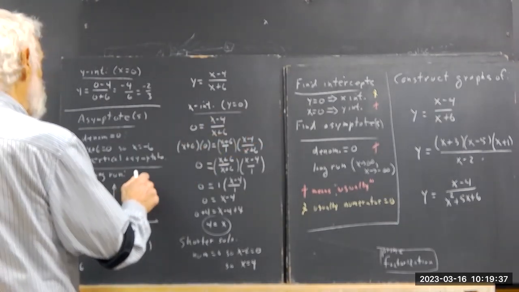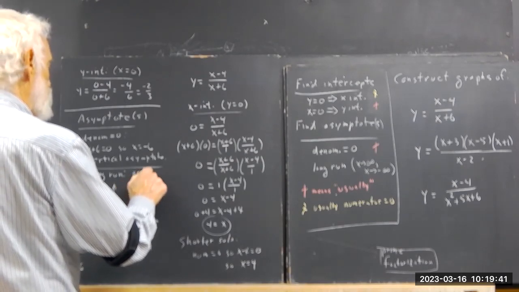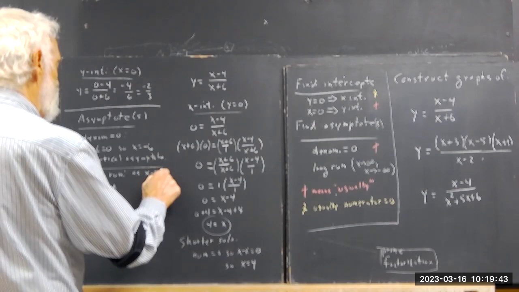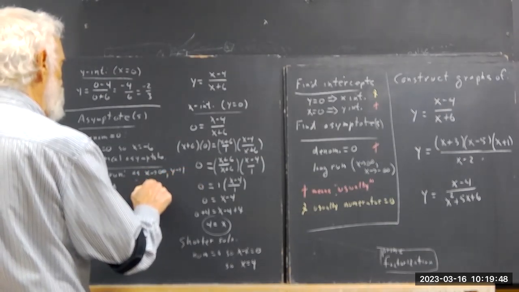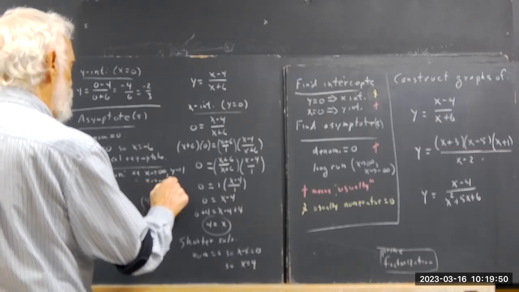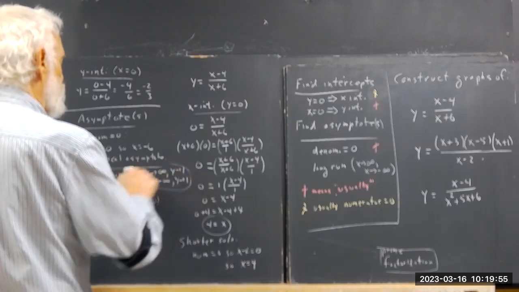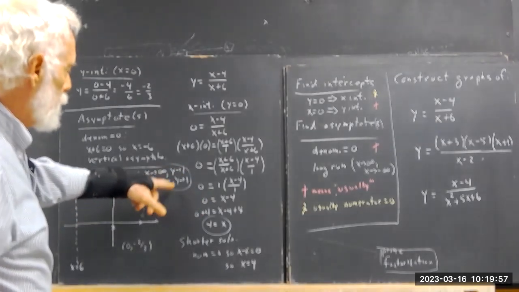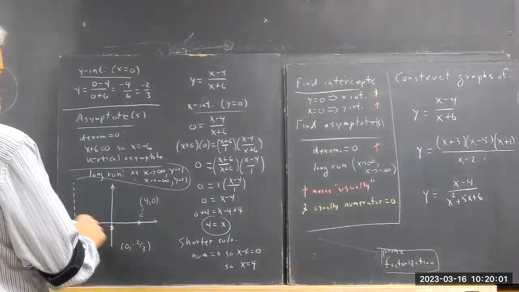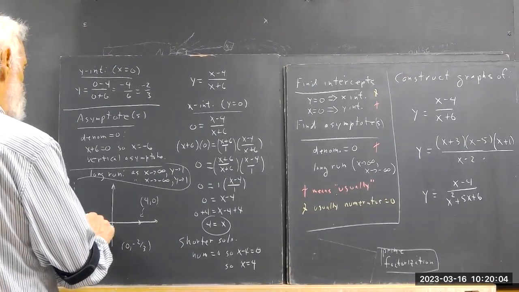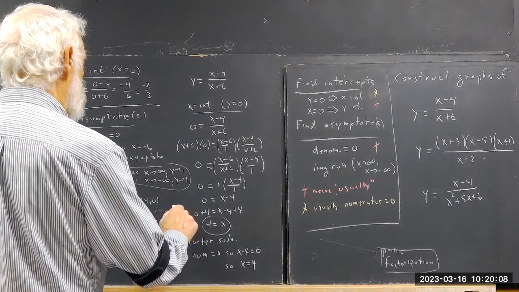So the long run is: as x goes to infinity or negative infinity, y goes to 1. Well, that means we put a line here for y equals 1.